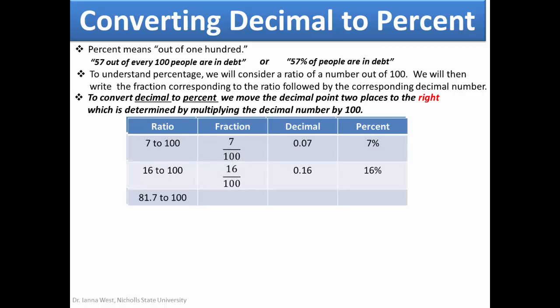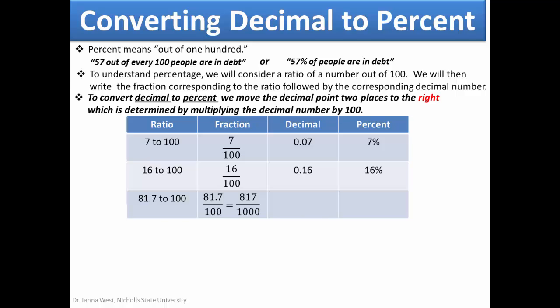Our next example, 81.7 to 100 is our ratio. 81.7 to 100 is the same thing as 81.7 out of 100, so the equivalent fraction would be 81.7 over 100. If we move the decimal point 1 place to the right in both the numerator and in the denominator, we will get 817 over 1,000.